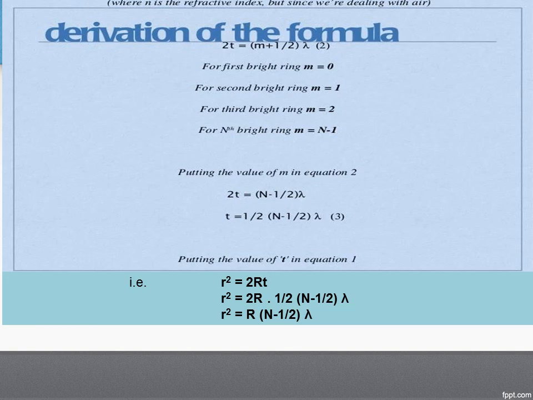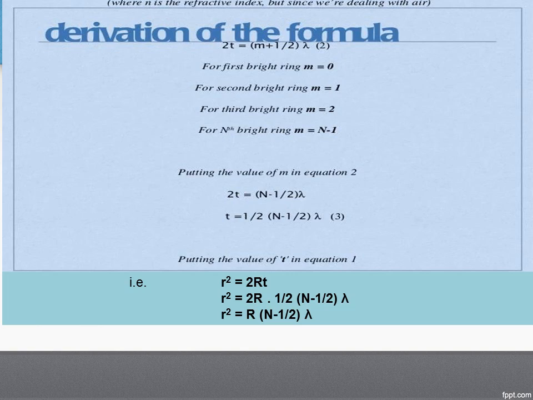Putting the value of m in equation 2, we get 2t equals n minus half into lambda, and from here t is equal to half, n minus half, into lambda, which is our equation number 3.